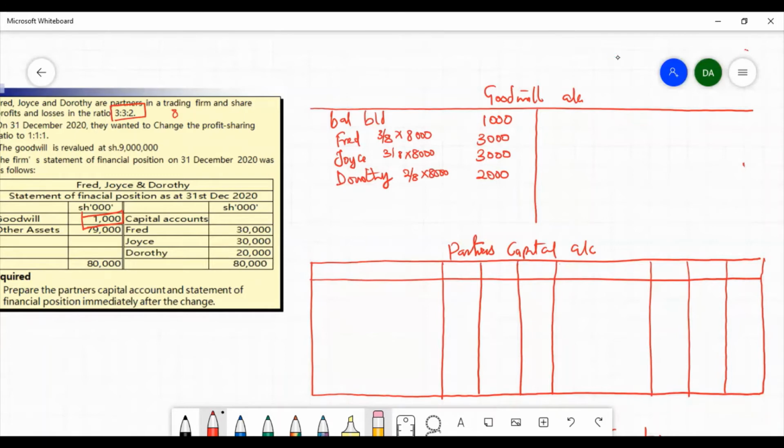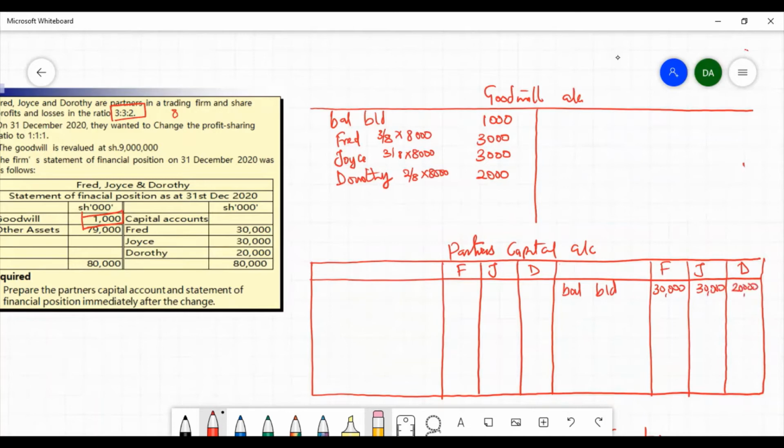That increase in the value of goodwill is then transferred to the partners' capital accounts as follows. Fred, Joyce, and Dorothy. Begin with the balance brought down of capital, which is 30 million for Fred, 30 million for Joyce, and 20 million for Dorothy.